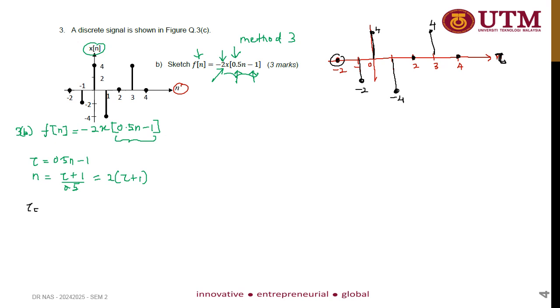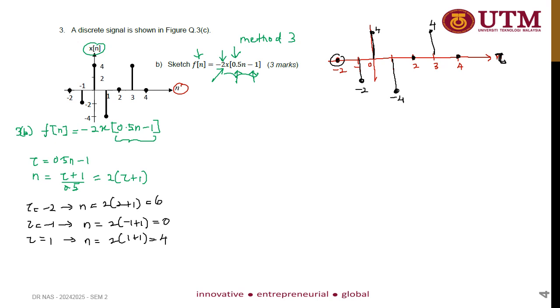So when tau equals minus 2, your new n equals 2 times minus 2 plus 1, which is minus 3. Next is tau equal to minus 1: n equals 2 times minus 1 plus 1, equal to minus 1. When tau equals 1, n equals 2 times 1 plus 1, which is 3.